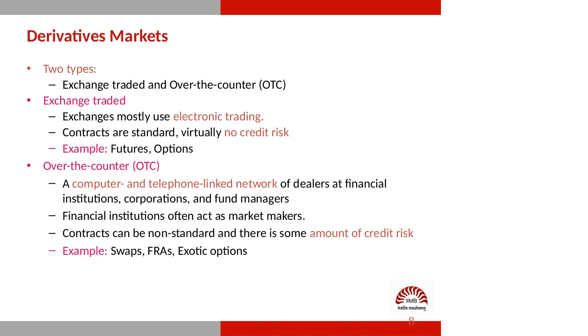Now, what do I mean by a standardized or non-standard contract? I mean the opposite of that. You see, when you go to the exchange, it does transactions in fixed lot sizes. So, for example, you need a cover for, let's say, $1.79 million.